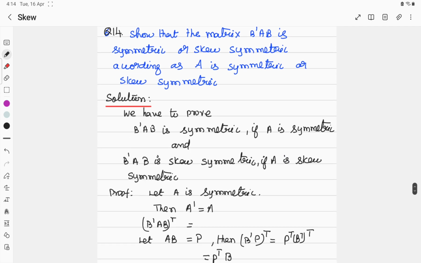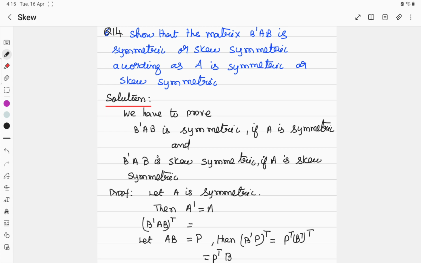Question 14. Show that the matrix B dash AB is symmetric or skew symmetric according as A is symmetric or skew symmetric. We have to prove that B dash AB is symmetric if A is symmetric, and that B dash AB is skew symmetric if A is skew symmetric.